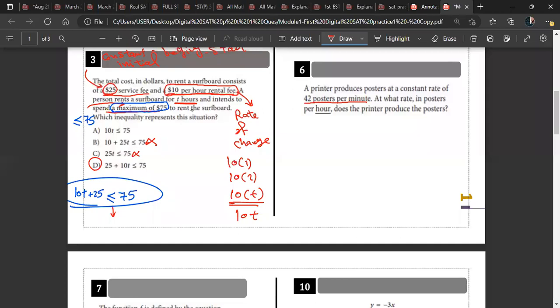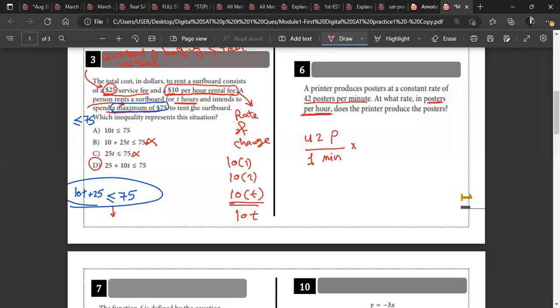Here he gives you the rate in posters per minute, and he asks you to find the posters per hour. So we have here 42 posters over 1 minute, and he asks you to find the value in posters per hour. What will you do here?